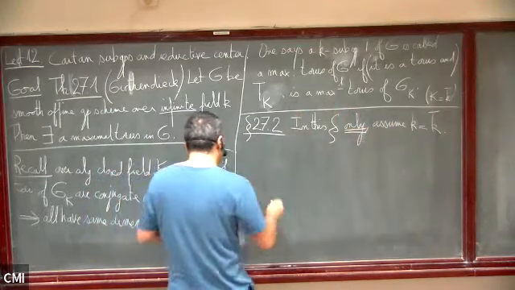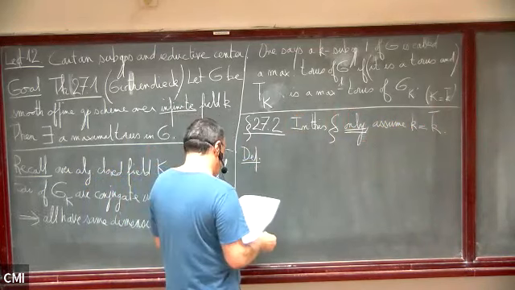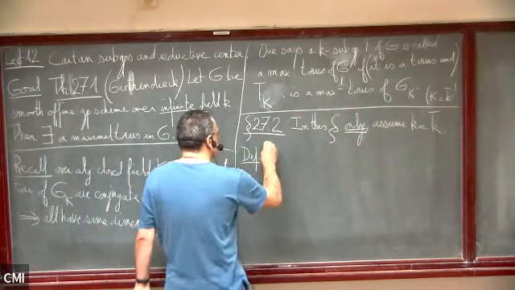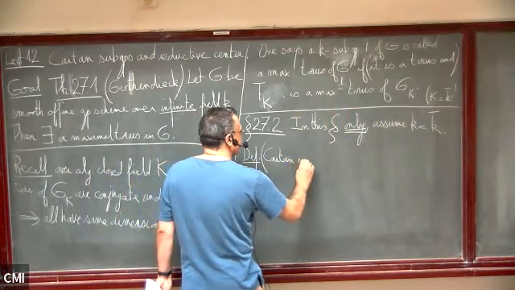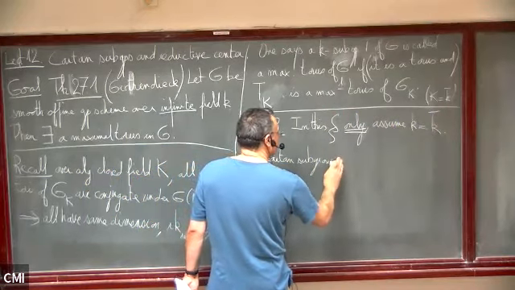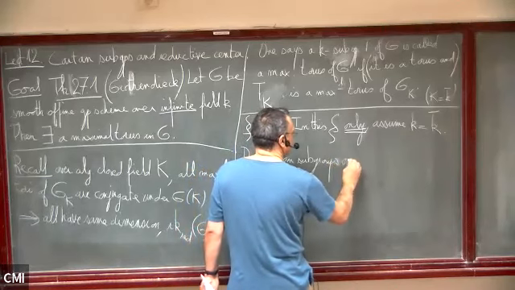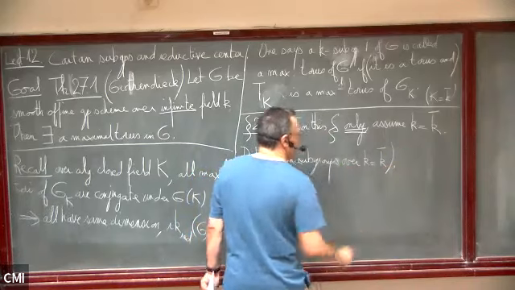And so there is the following definition. So first we define what Cartan subgroups are, over an algebraically closed field.